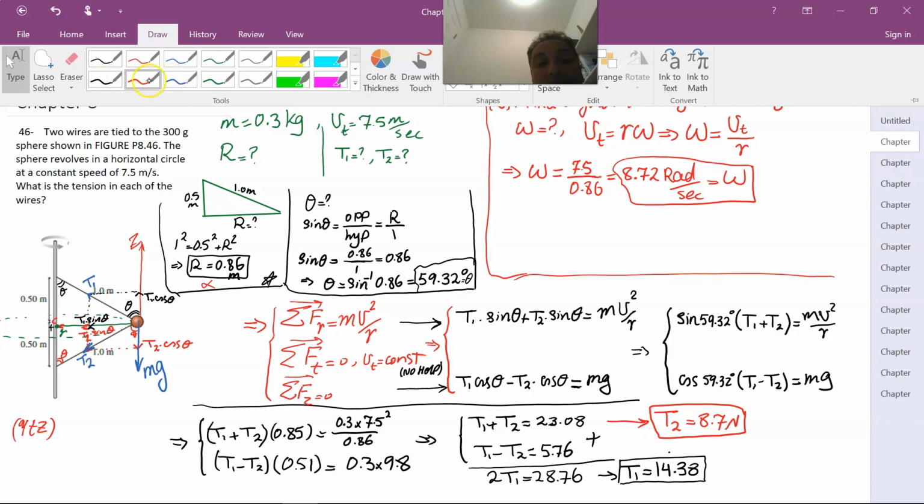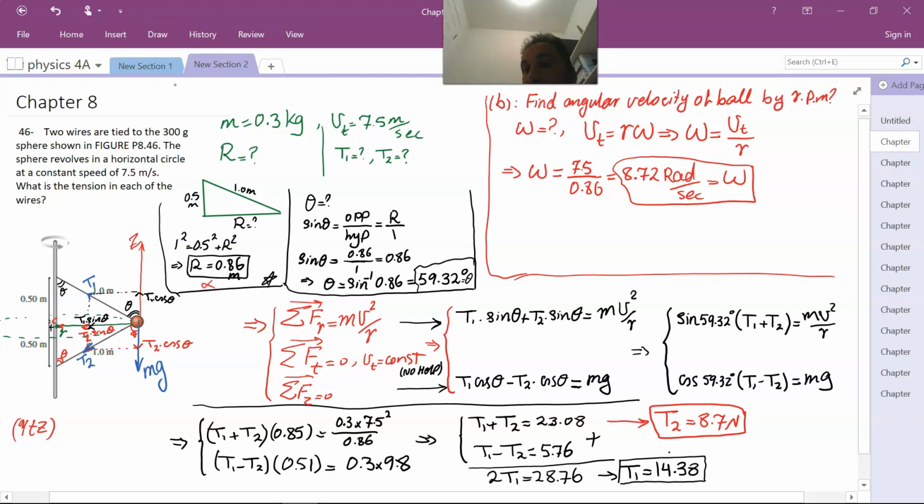But it will be very good that we can find it also in RPM, because when we say RPM, it's more sensible, more tangible, more touchable. We know RPM is rotations per minute. So for that reason, you should do this. This is 8.72 radians per second.